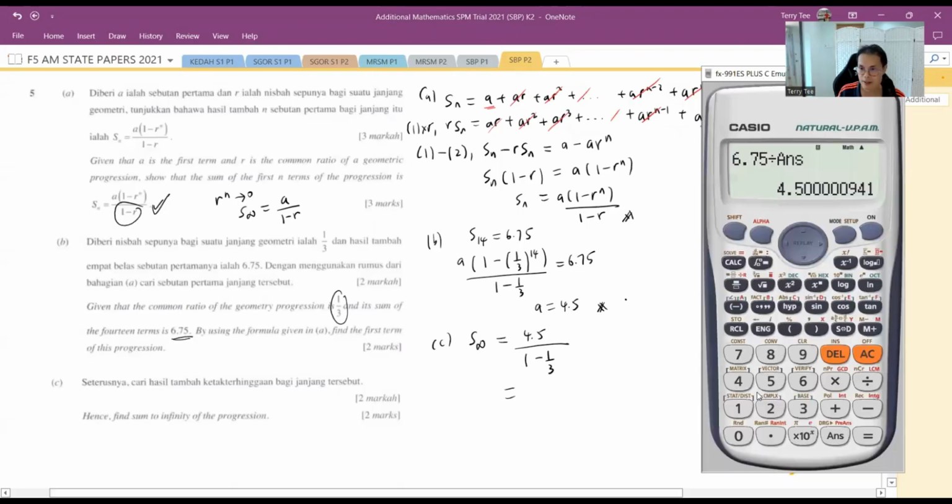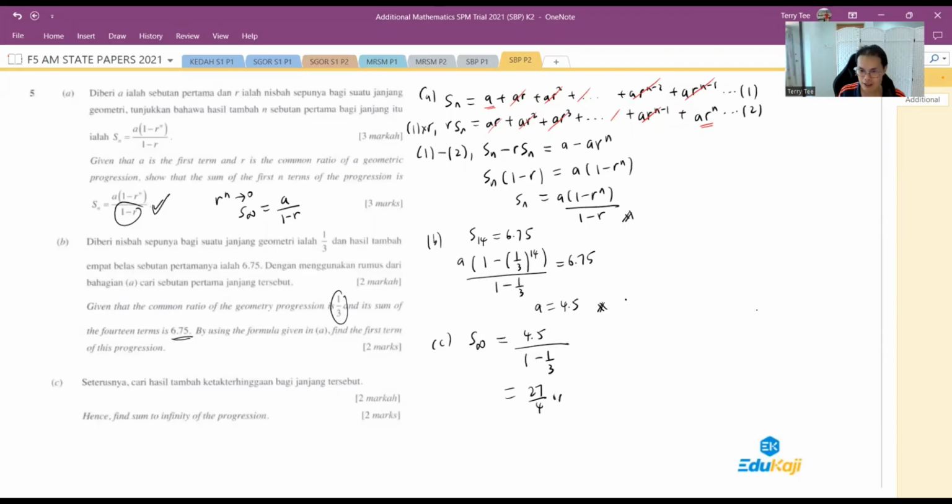So when you divide 4.5 by 1 minus 1/3, you realize that this answer is actually the same as 6.75, S_14. But it's okay, you can write 27/4, or if you write 6.75, it's still okay, right?